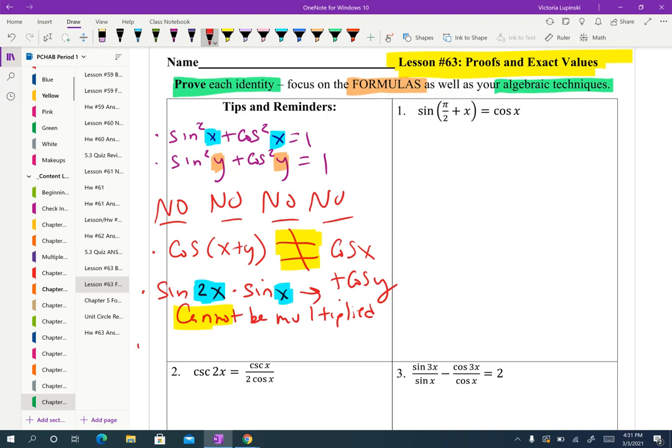Finally, again, another warning, let's say you had the sine of 2x, let's say you have the sine of x in the denominator, these cannot be reduced. You cannot do 2x minus x. You can't cancel the signs. You can't cancel the x's. You cannot do anything so long as those variables do not agree.